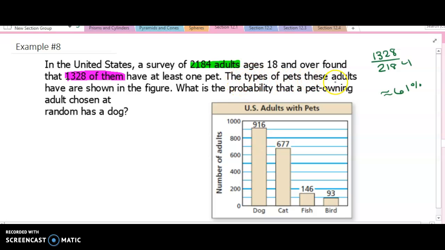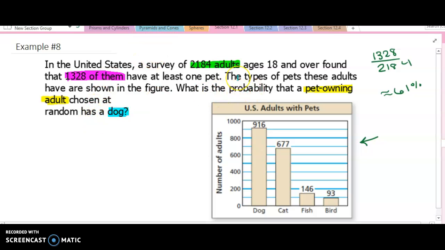It says the types of pets these adults have are shown in this figure here. What is the probability that a pet-owning adult chosen at random has a dog? All right, so let's read this again. What is the probability that a pet-owning adult chosen at random has a dog?